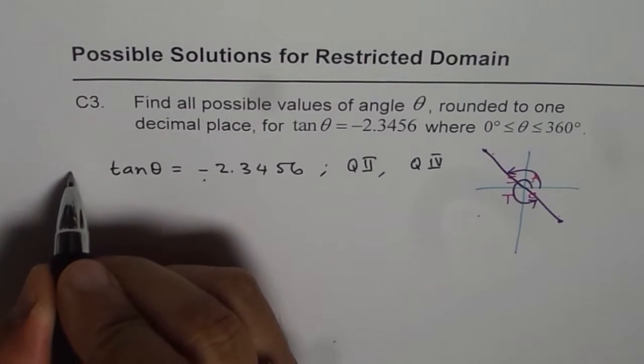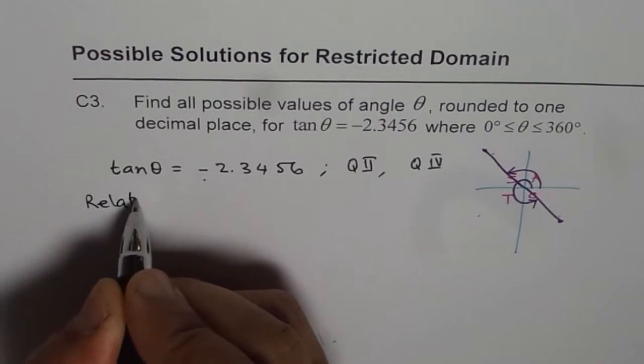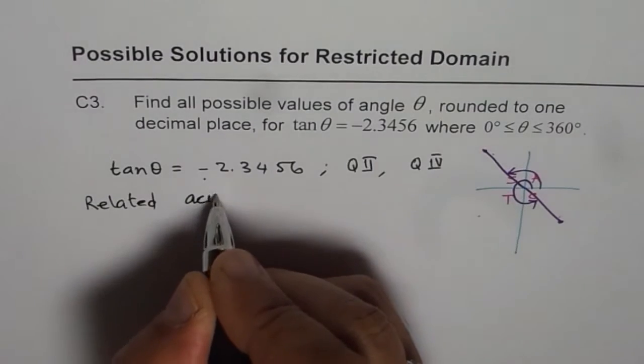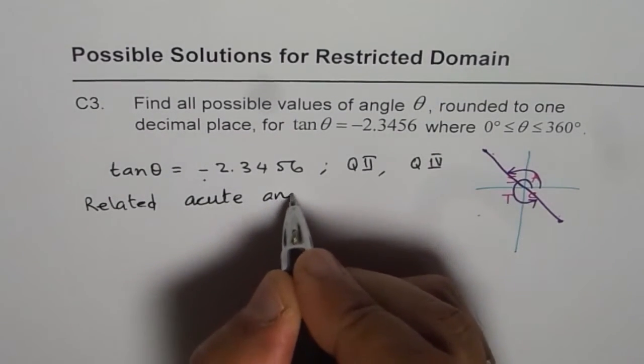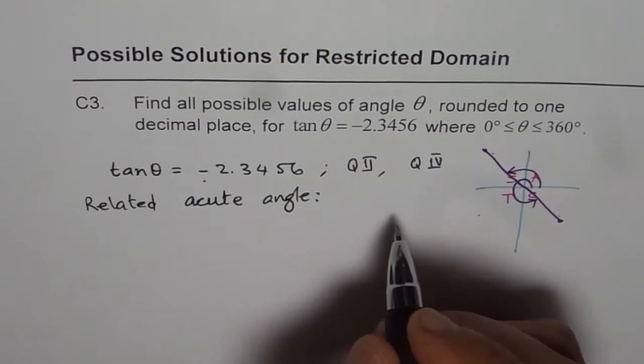So the first step is to find the quadrants. The second is to find the related acute angle. Let's say the related acute angle is alpha.